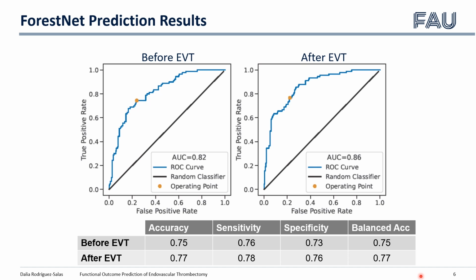However, the additional 4 points gained on the predictions after EVT are not negligible. Regarding the metrics estimated after fixing the operating point, all metrics show an increase of 2 to 3 points after EVT compared to those before EVT.